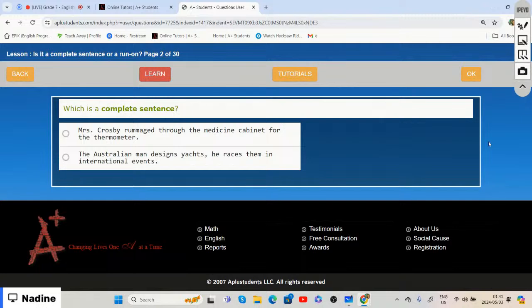We need to select a complete sentence. Mrs. Crosby rummaged through the medicine cabinet for the thermometer, or the Australian man designs yachts. He races them in international events.